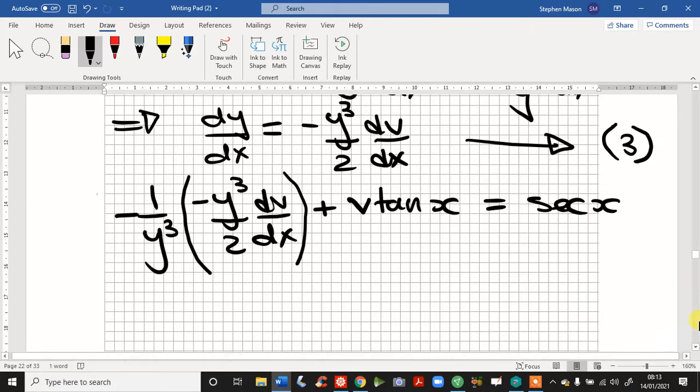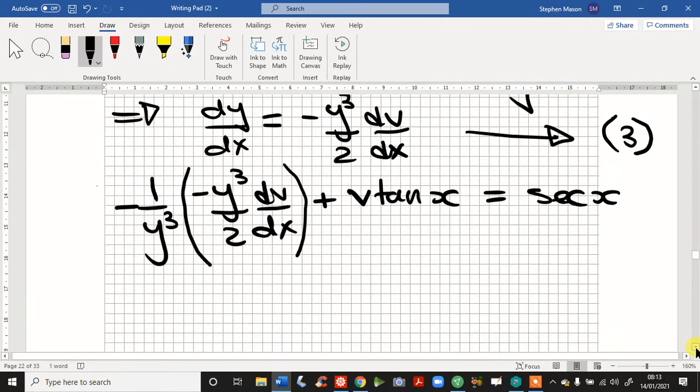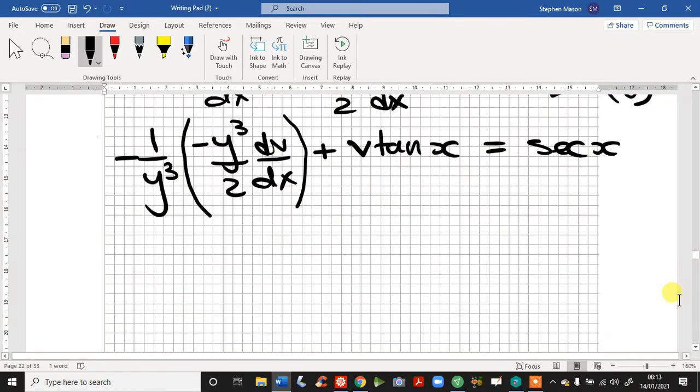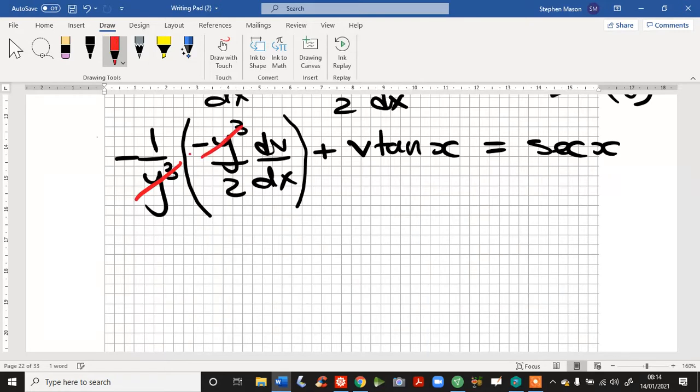And we can simplify this. As you can see, the y cubed terms cancel out, and the minus signs cancel out, giving us a positive value.